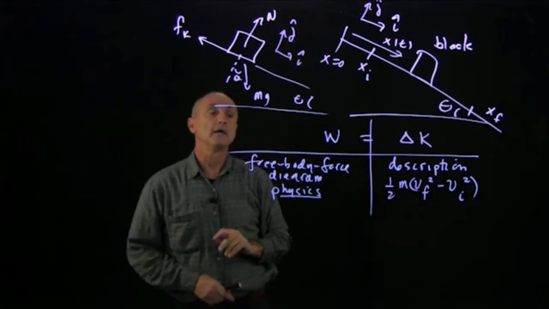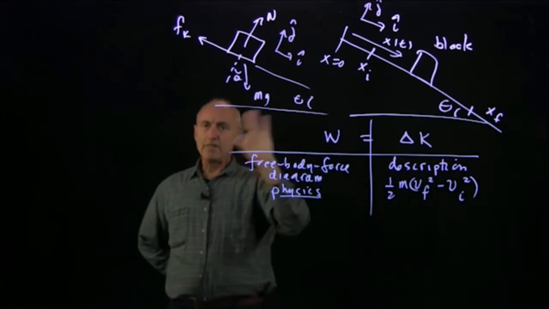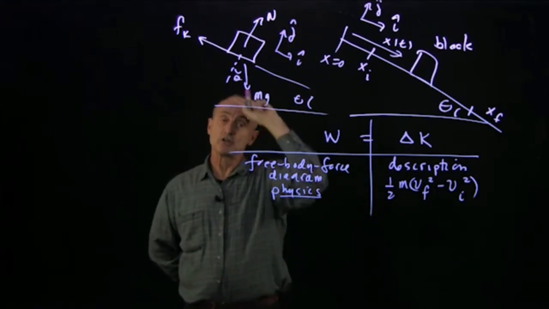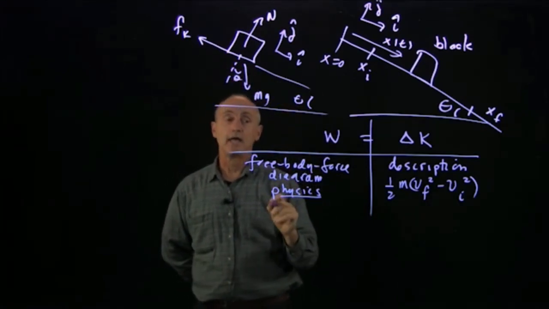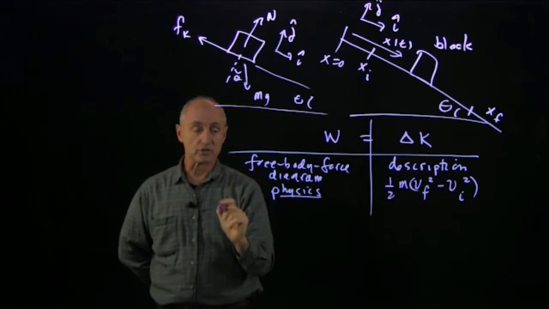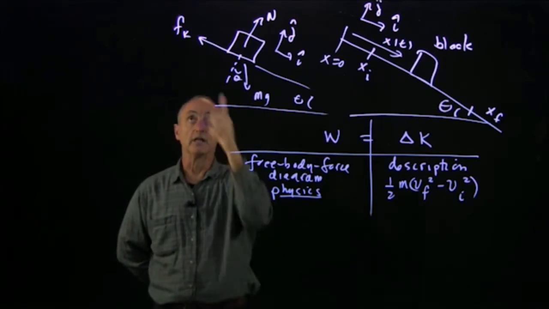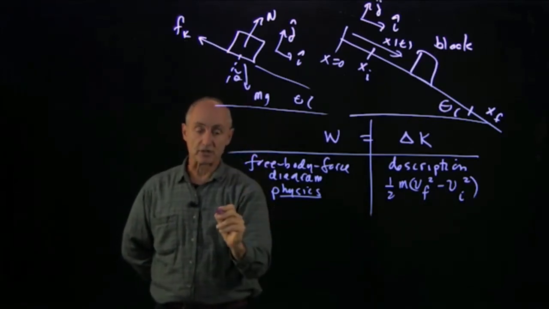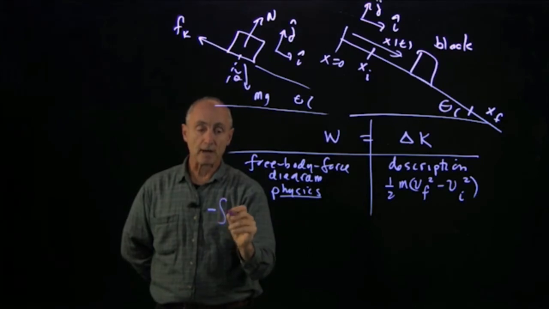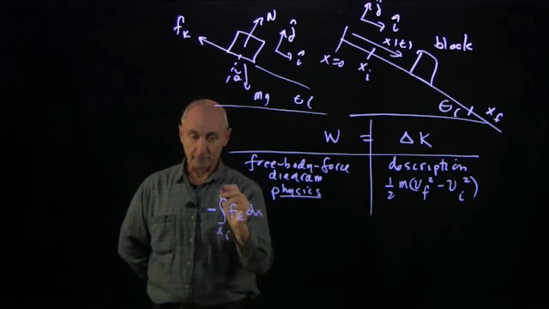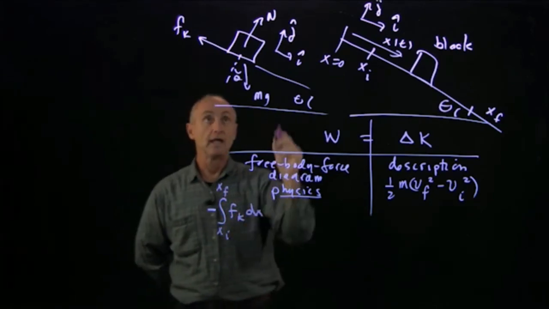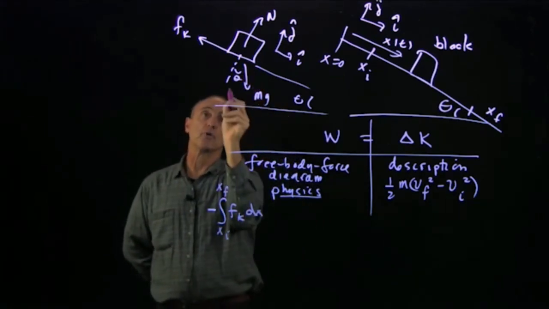Now, we can think of this integral as just one-dimensional motion in the x direction. And so we have two different forces that we have to calculate. The friction force is in the minus x direction, so we're integrating minus the friction force with respect to displacement from x initial to x final. And what about the gravitational force?